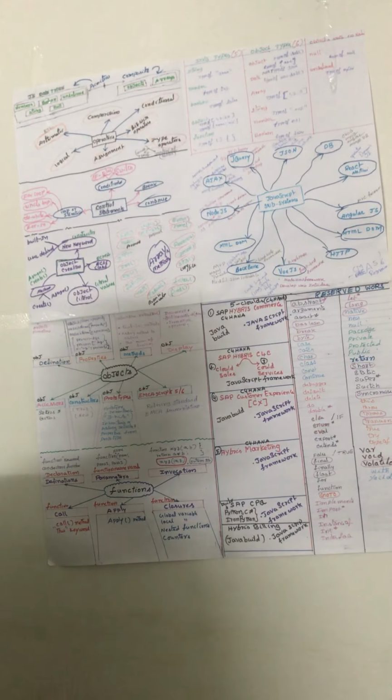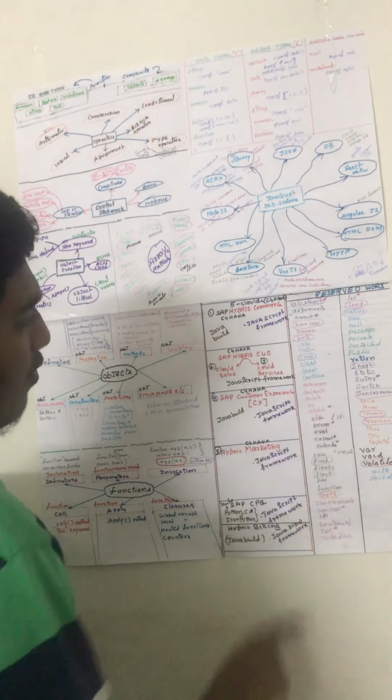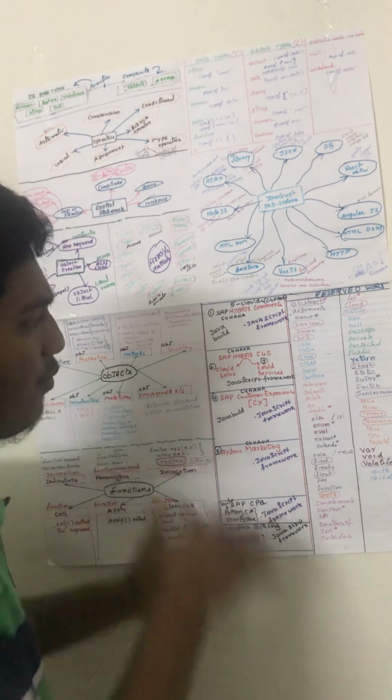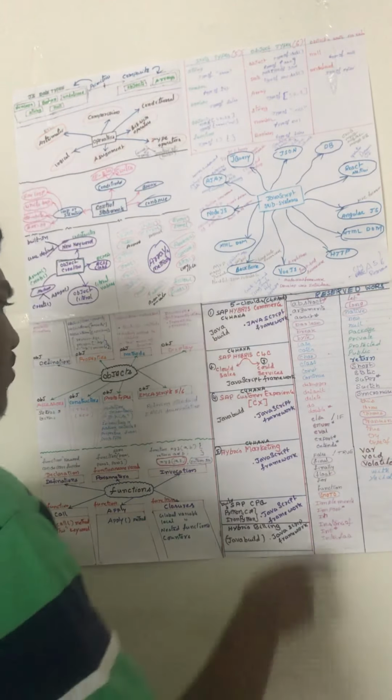Except for all the reserved keywords you see here, these are there, but only the words which are rounded off as per the latest version are removed. So you can use all other things in JavaScript except the words which are rounded off here. This is as per the latest version.